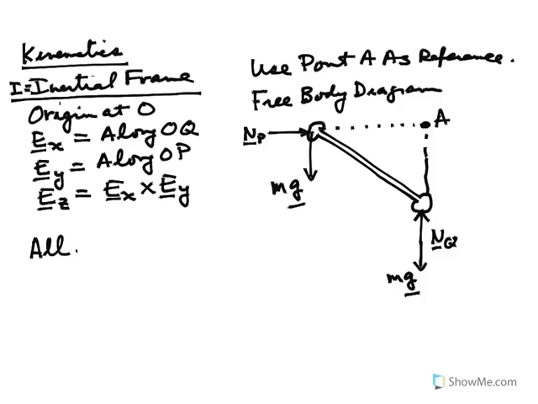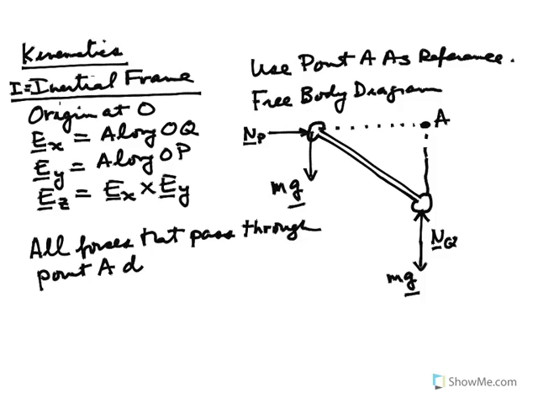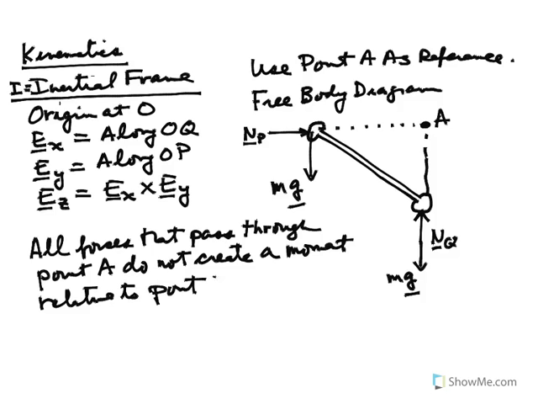All forces that pass through point A do not create a moment relative to point A. So what does that mean? That means that any force that passes through point A is going to disappear when we compute the moment.